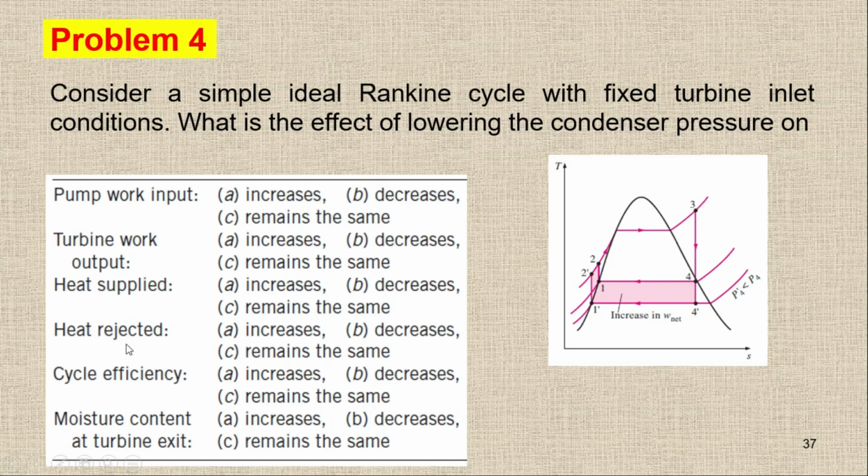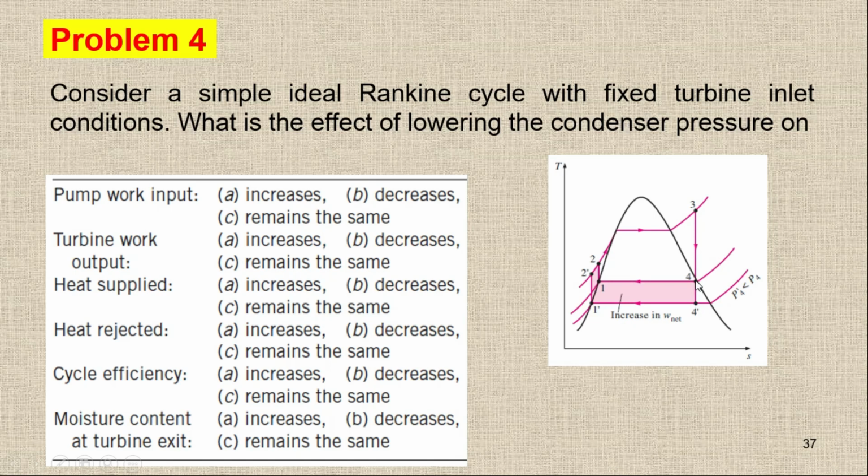What about the heat rejected? Previously it was from 4 to 1, and now we have 4 dash to 1 dash. Here we have something very special to remember. The heat rejected will decrease. How? Because at lower pressure you will get lower h values.